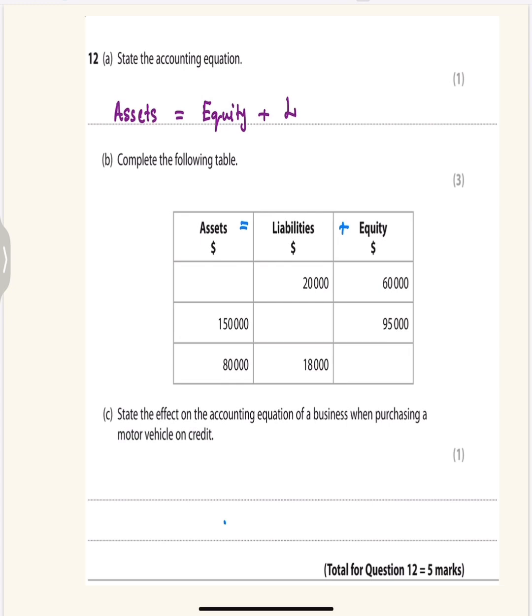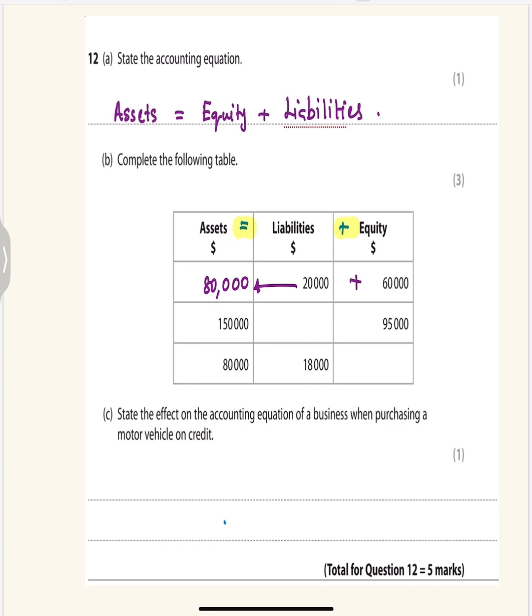Now, keeping this in mind, complete the following table for 3 marks. Assets equal liability plus equity, taking this formula in mind. So in order to find the assets, add up 60,000 plus 20,000, which is 80,000. Now, the next part is to find the liabilities.